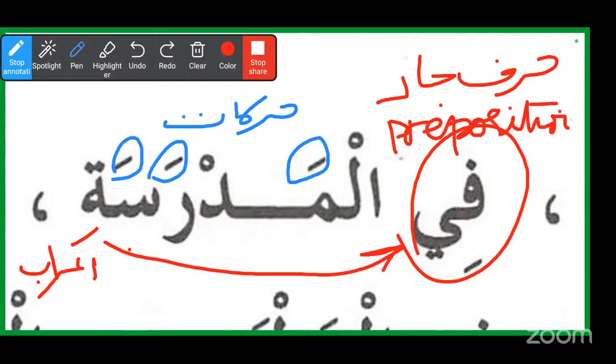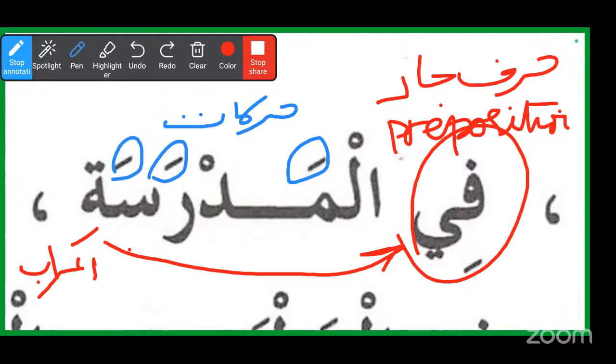Please write it down. Can you hear me? الفجار. حرف جار. Look at the screen. I'm writing everything there. حرف جار. Prepositions.